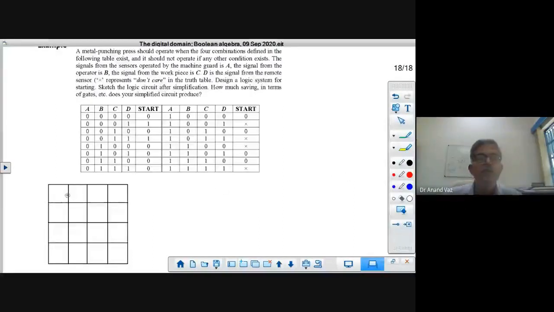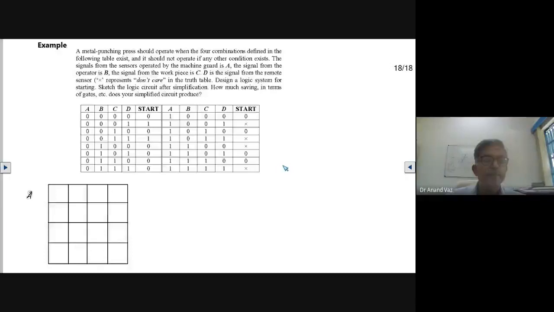Let us first of all see which are the rows where you have ones. So here you have a 1. So you can take not A, not B. So first we will write down the variables. So not A and not B.